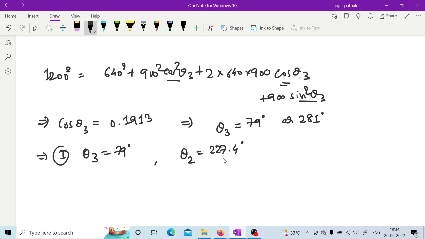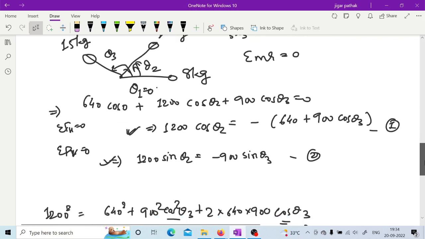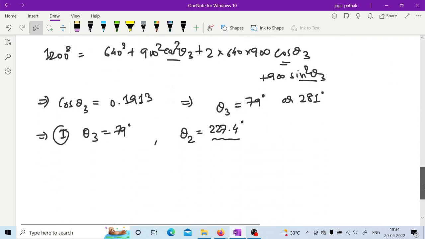Here also you will have some more options, but both the values of this theta 2 are negative, so when both are negative, then it must be the third quadrant.